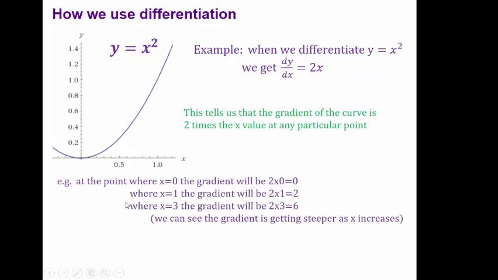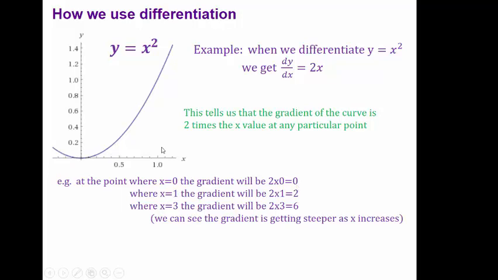So here's some examples. So for instance, when the value of x is 0, which is one of these turning points, one of these minimum points that we looked at on the previous slide, the gradient will be 2 times 0 because it's always 2 times the value of x, so it's 0. So even if we didn't have a diagram in front of us, we would know that when x is 0, there's a turning point because the gradient is 0 at that point.